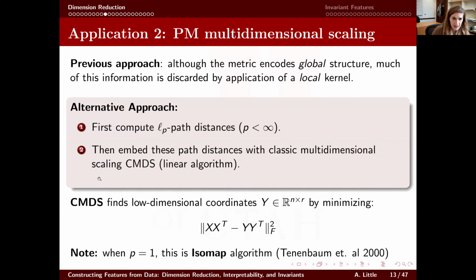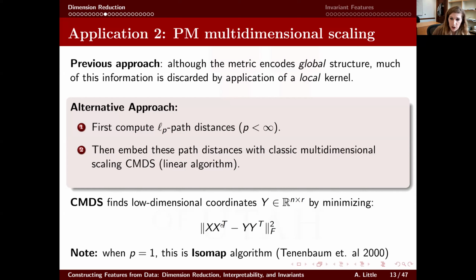So what is classical multi-dimensional scaling, or CMDS? This is a very popular algorithm for embedding data into a low-dimensional space, and essentially finds the best low-dimensional coordinates y that it can to preserve, as well as possible, the inner products of the high-dimensional space in the low-dimensional space.